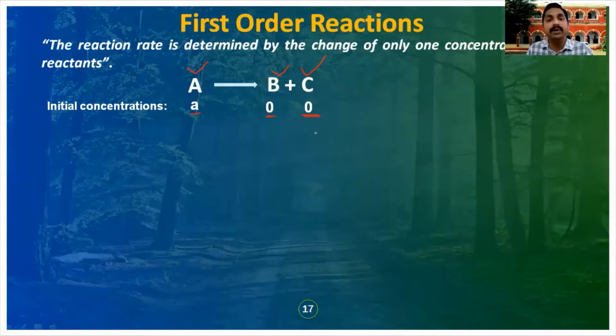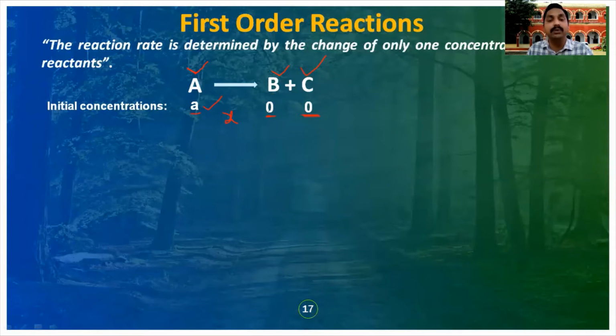So what will be the concentration of A left after time T? Let us say X is the change in concentration of A. X is the concentration of A decomposed in time T. So what will be the concentration of A left after time T? This will be equal to a minus X. Whereas what will be the concentration of B and of C?